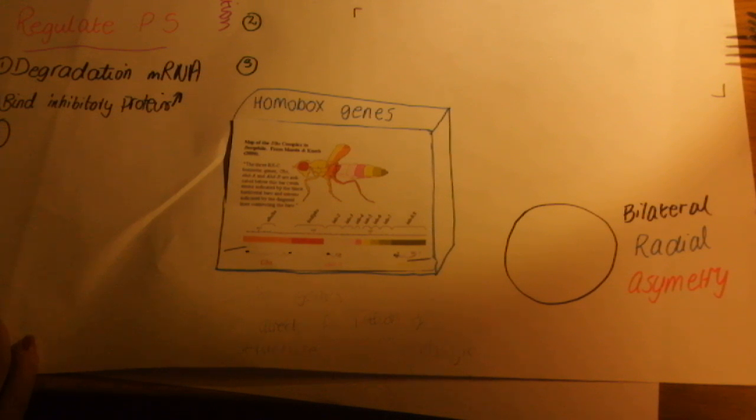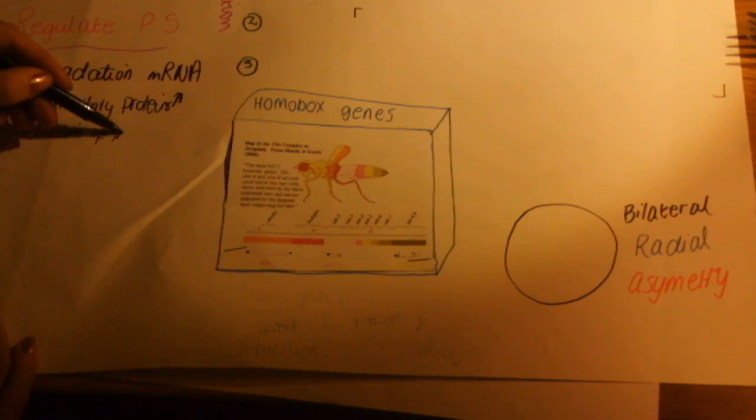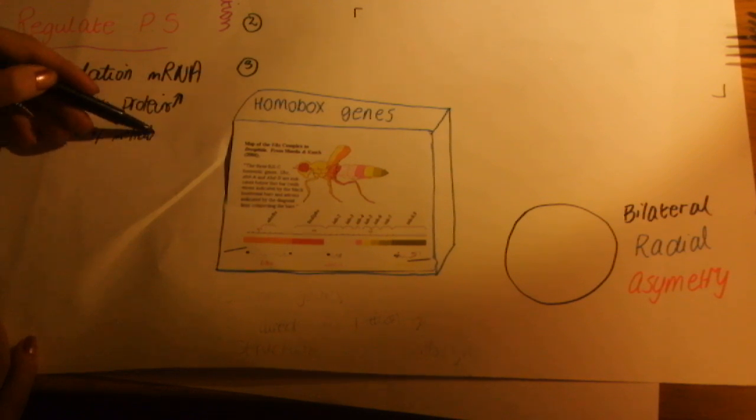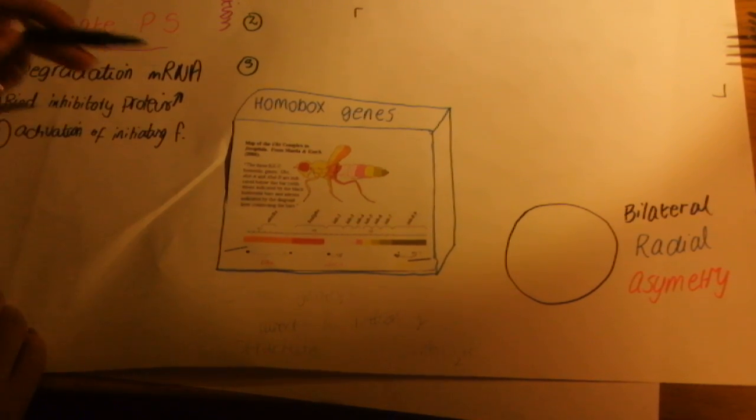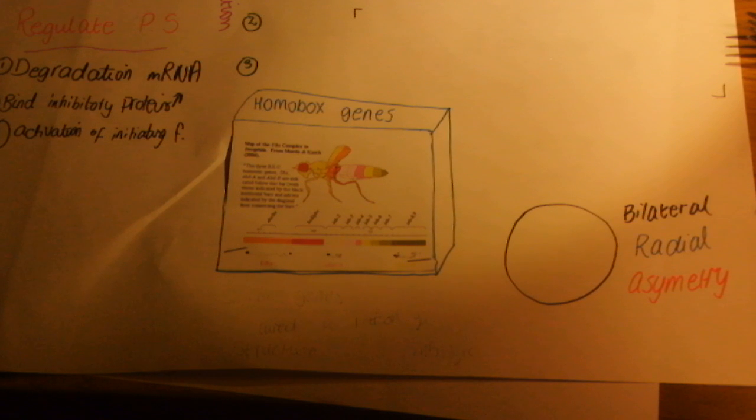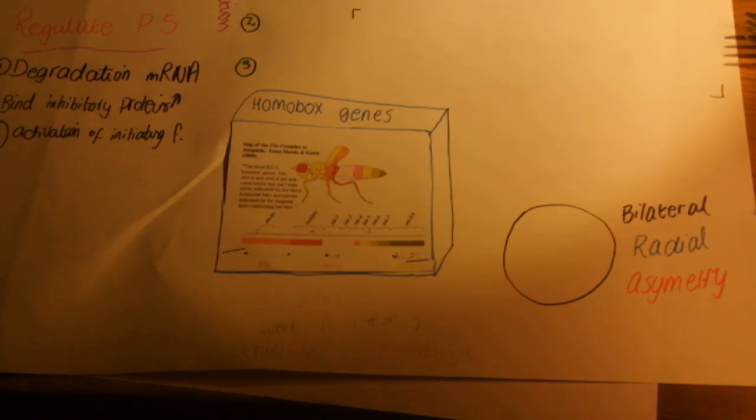And thirdly, the activation of initiation factors. These aid the binding of the mRNA to ribosomes. It does the opposite of binding to inhibitory proteins.